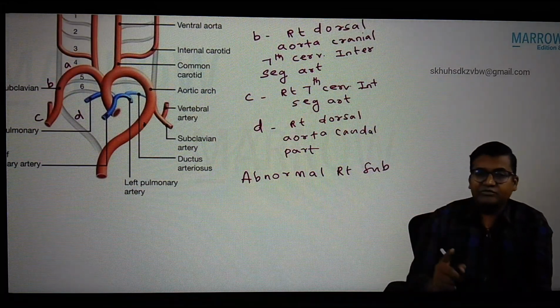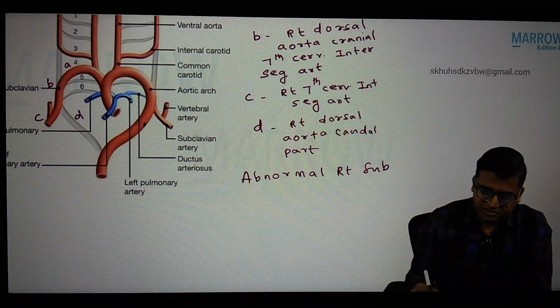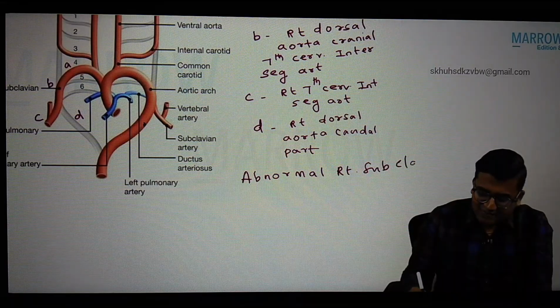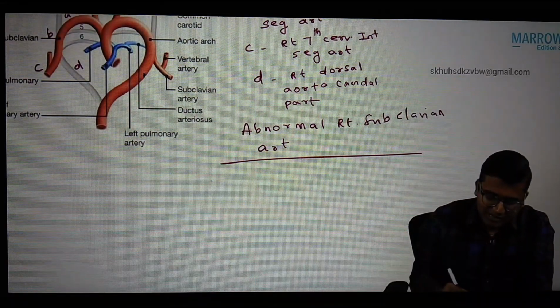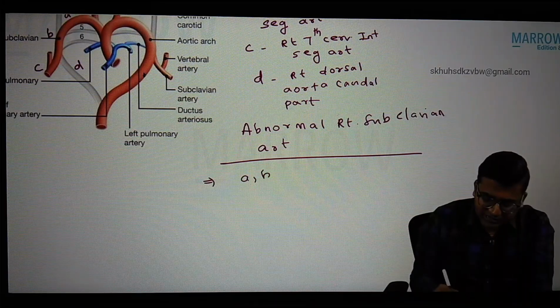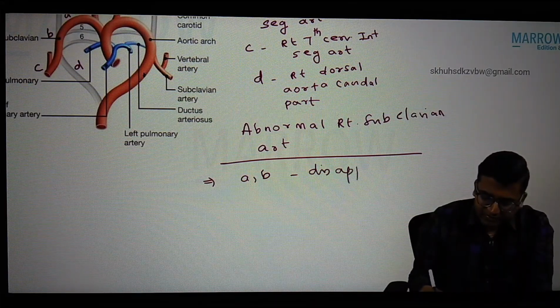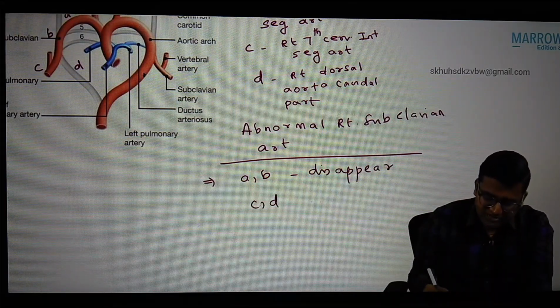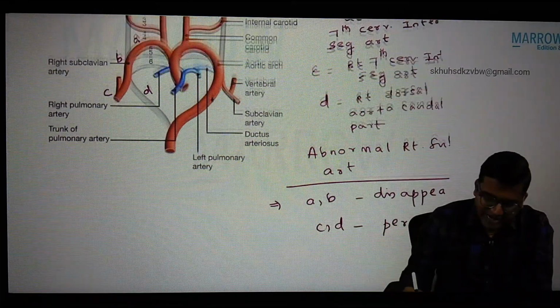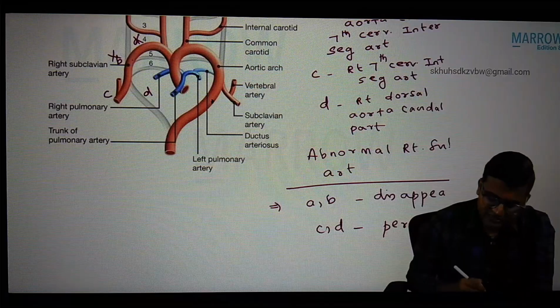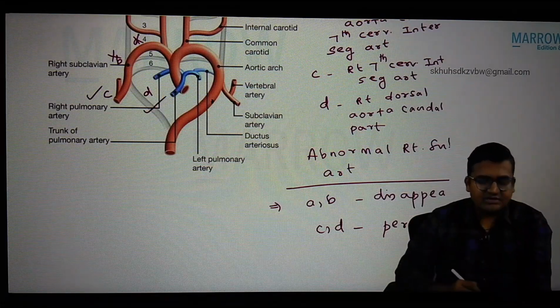A theory question was already given; we are expecting only an image-based question. In the abnormal right subclavian artery, A and B will disappear, and C and D will persist.